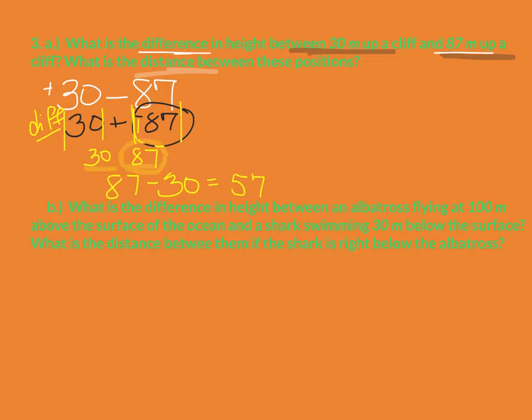Of course, it's 87, which means I take the sign from my negative 87, so that would make the answer negative 57. Okay, so that's the difference, just to be very, very clear. This is the difference here. That's what this is here.